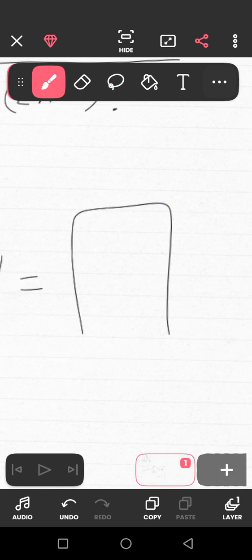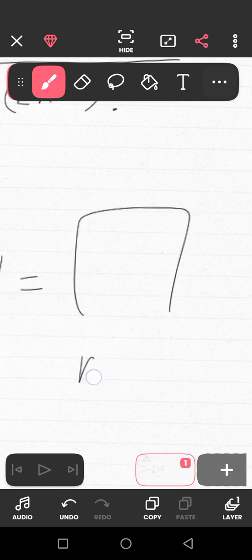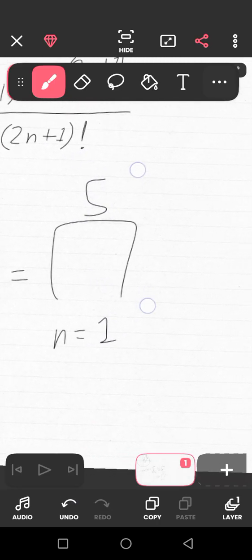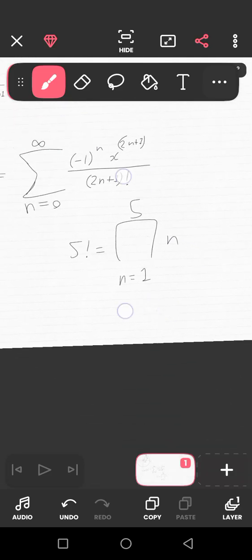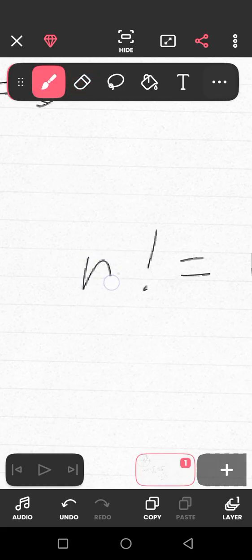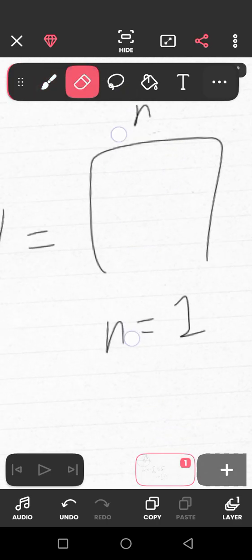This is a capital pi. So n starts at 1, then 5, and so n factorial is this.